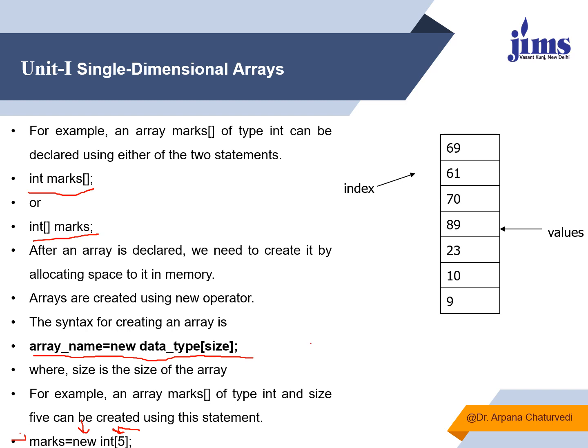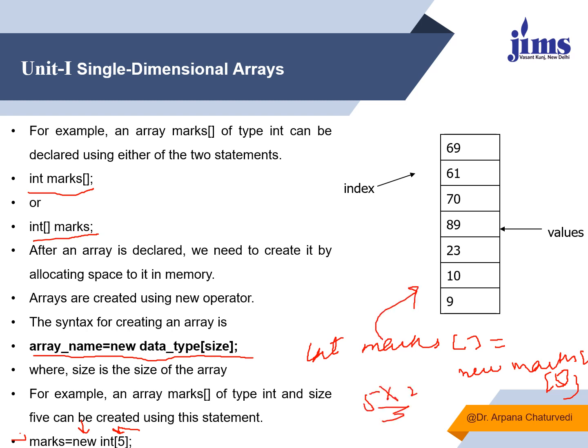Together we can write it in this way also: int marks is equal to new int 5, and then a semicolon. So it will allocate 10 bytes, 5 into 2, of memory in a continuous manner to this marks array.